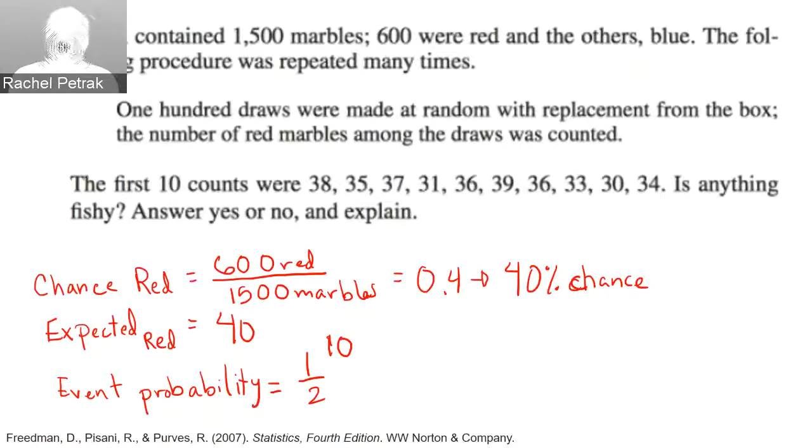We know our expected chance of red is 40%, and so the expected value of red is 40, but these are all of the observed values being below 40. That's highly unusual. We would expect that the number of reds would be around the expected value, give or take a standard error. And thus they would be above and below 40, not just below 40.